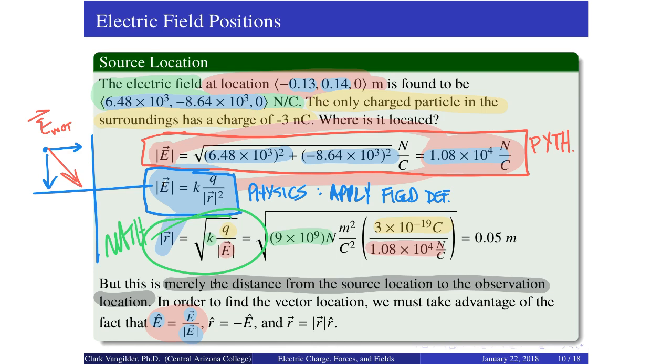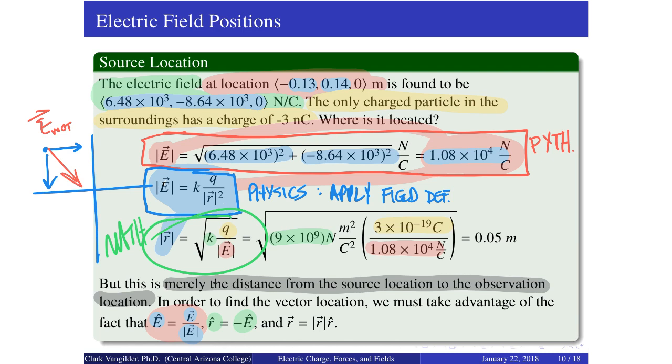There end up being cosines of angles. It happens to be the case that the pointer for the separation distance is the same as the pointer for the field, or the negative of it.